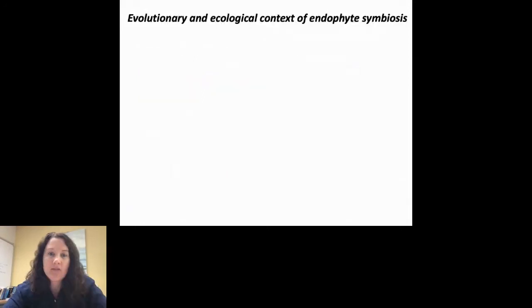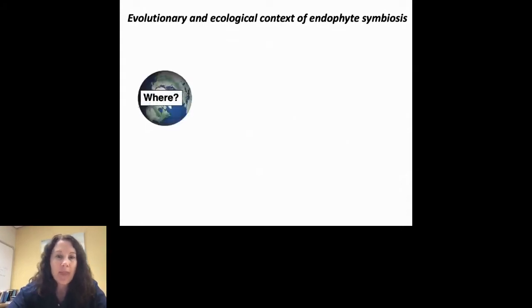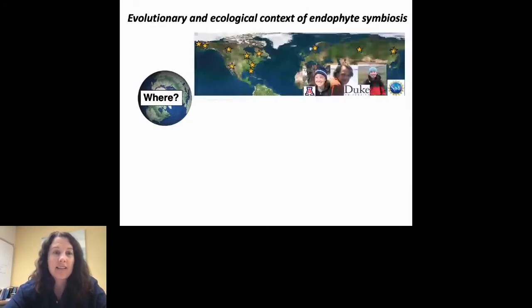I'm really interested in understanding both the ecological and evolutionary context of the endophyte symbiosis. First, one of the most important things has been understanding where endophytes are distributed. For example, in collaboration with Betsy Arnold at the University of Arizona and Francois Lutzoni and Jolanta Middlekowska at Duke, we've sampled in 12 different sampling sites across North America and Eurasia.